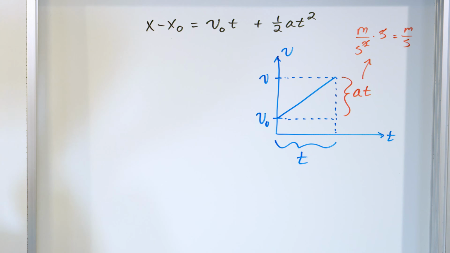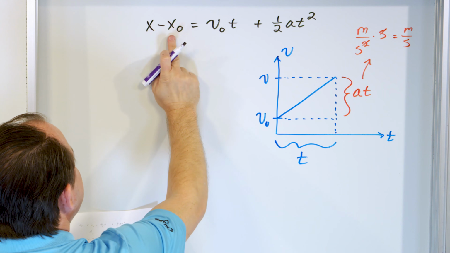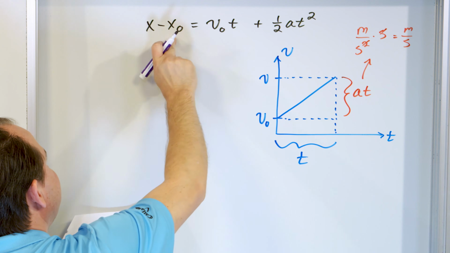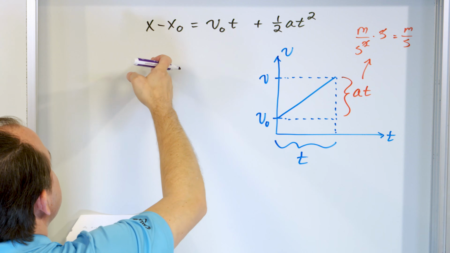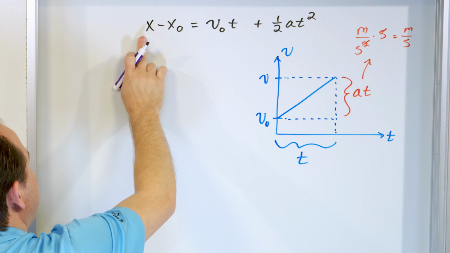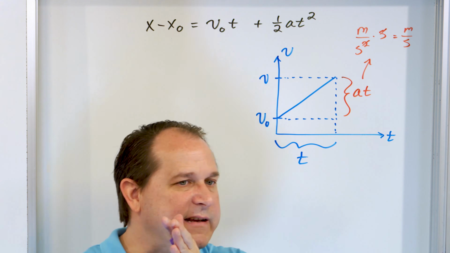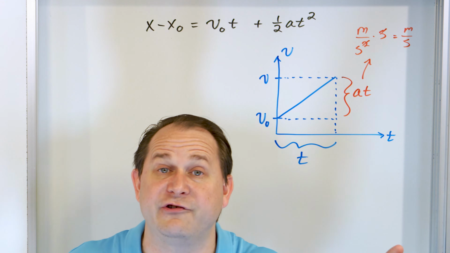So what this equation means, when you see x minus x naught, remember x naught is the initial position. Usually it's 0 because you start at 0 on the axis. But if you start your motion at 5 meters and you end up 10 meters away, then 10 minus 5 is 5, and that's the delta x, the change in position that you have.